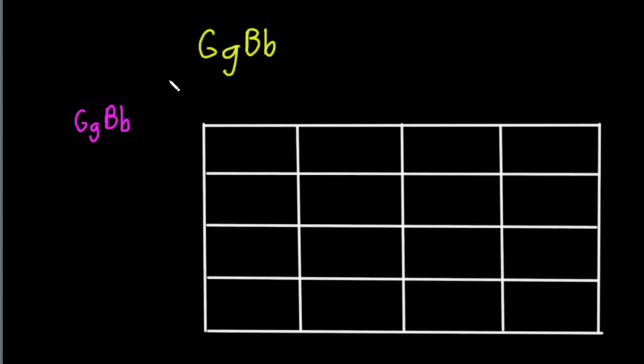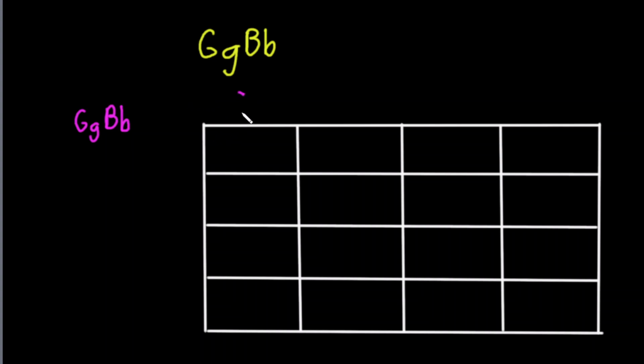All right, so we have a heterozygous male for both traits and a heterozygous female for both traits, and it says the square is set up below. Fill it out and determine the genotypes and the proportions of the offspring.